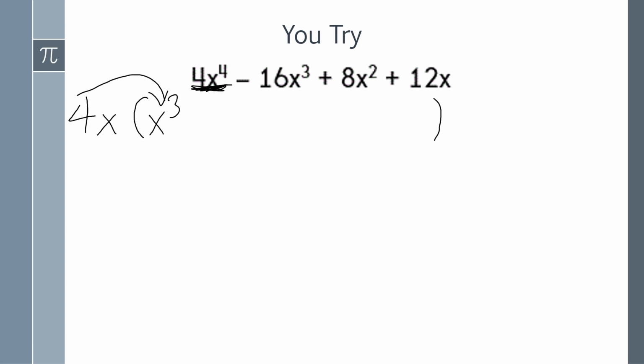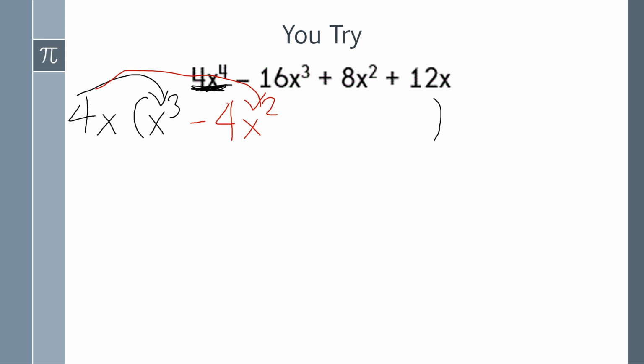All right. 4x times blank gives me my negative 16x cubed. Negative 4x squared gives me that. And don't forget, multiply them together.